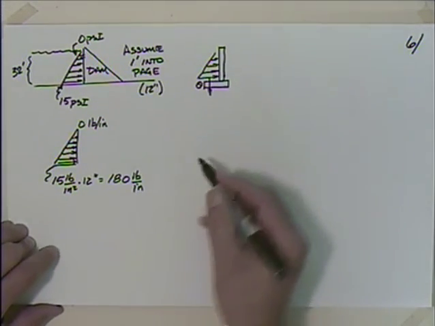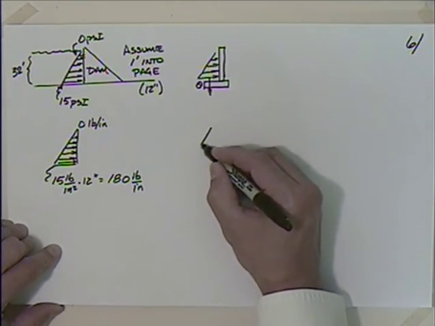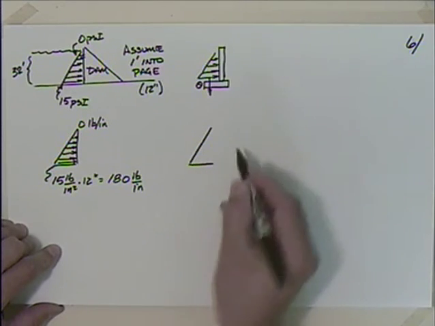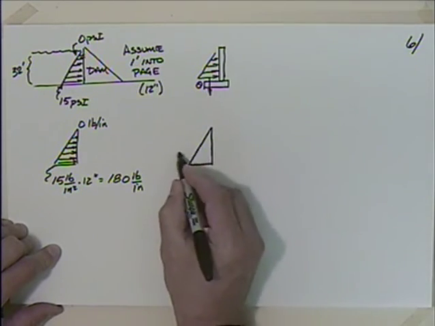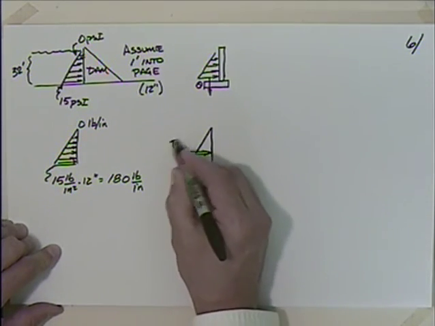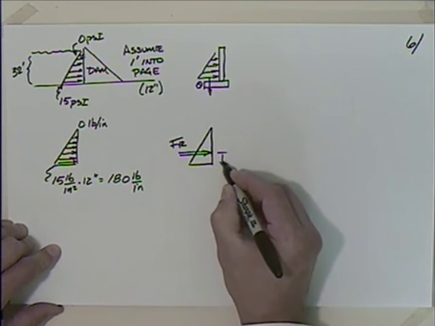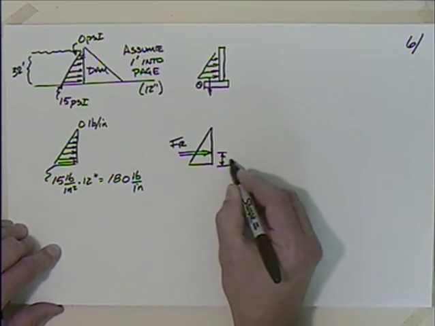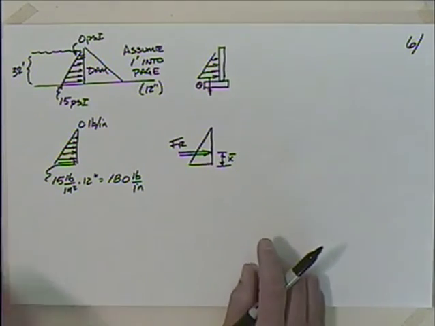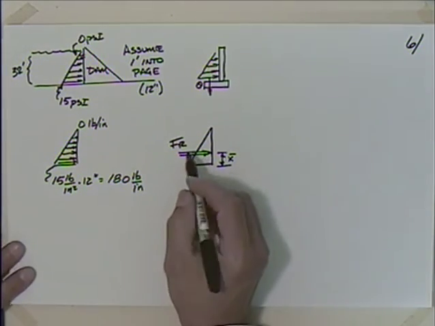So what's this going to look like? I want to turn this into something that looks like this. I want to come up with an equivalent force, and I want to figure out how high that force is acting, x bar. Okay, because this equivalent force is important.